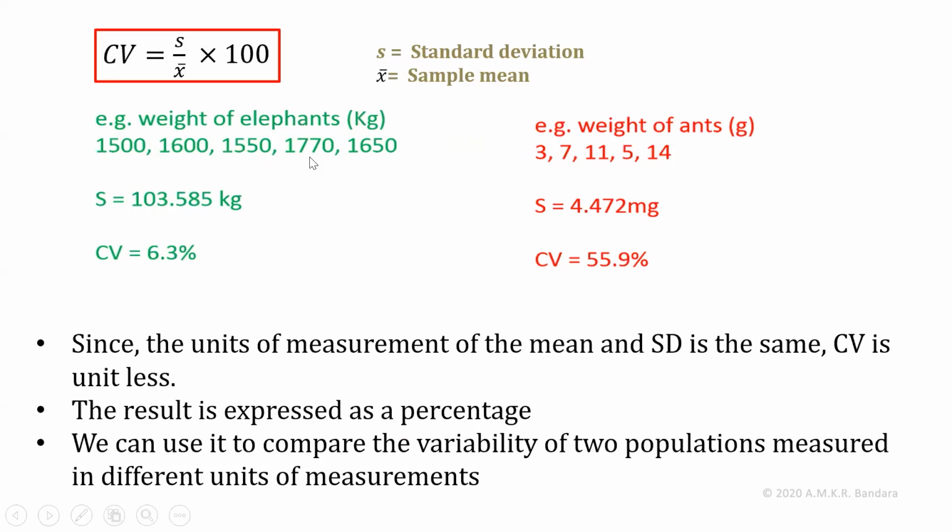So when you are describing the spread or deviation of a data set, you have to describe your data set using several measures, not one measure, because one measure has certain advantages as well as certain disadvantages.